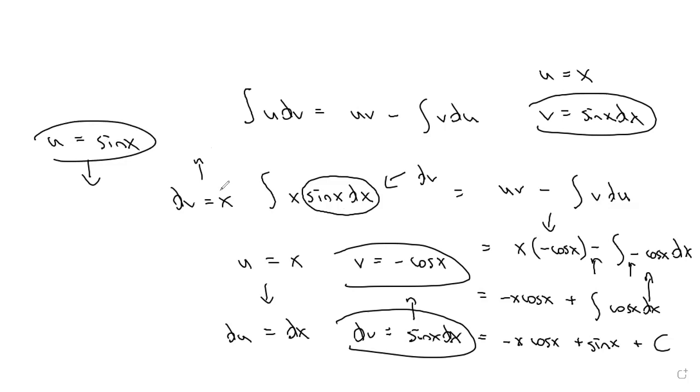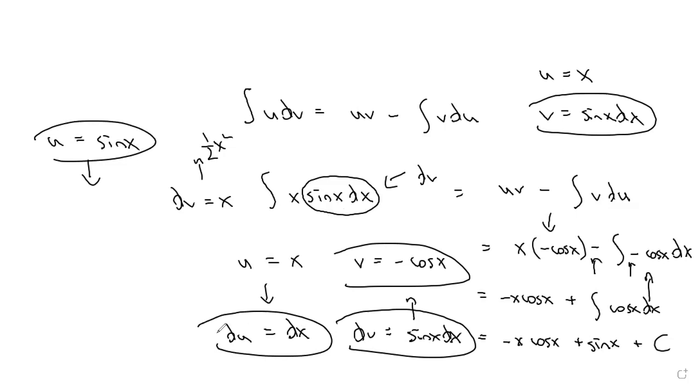But taking the antiderivative of x kind of sucks, because then you're going to get 1/2 x squared. And it's way simpler just to have a dx that you have to deal with rather than having a 1/2 x squared. So again, you want to pick the simplest way of doing it.